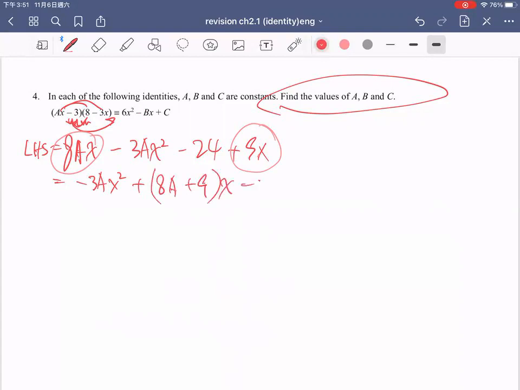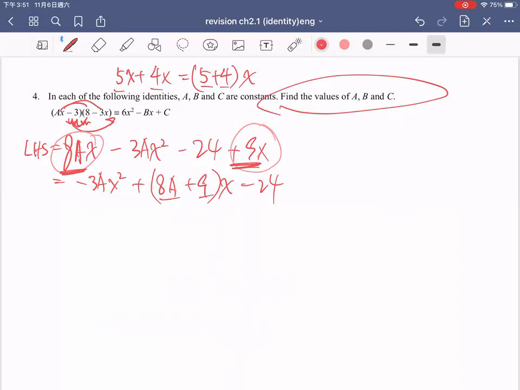Okay, so like this. Just like we have done before, we have 5x plus 4x giving 5 plus 4 bracket x. Just like here, 5, 4, 5, 4. Okay, 8, 9 positive, right?